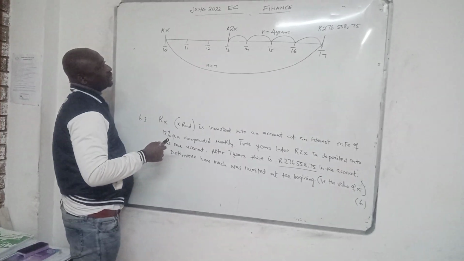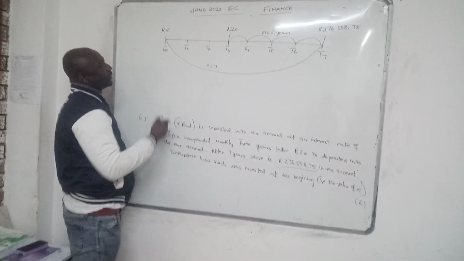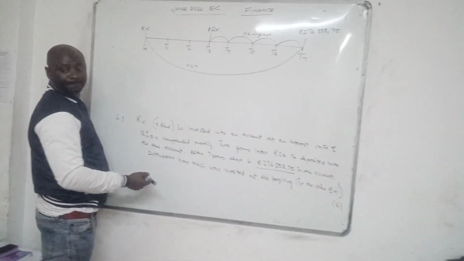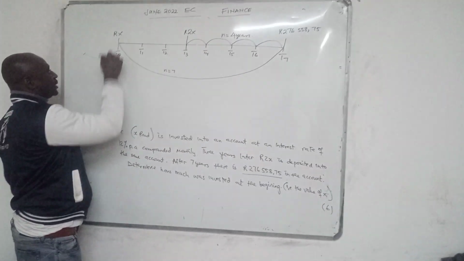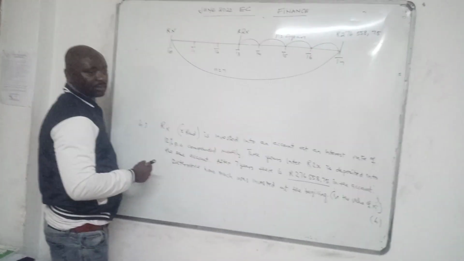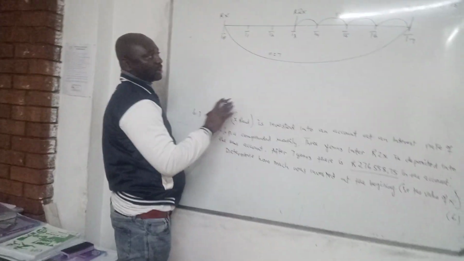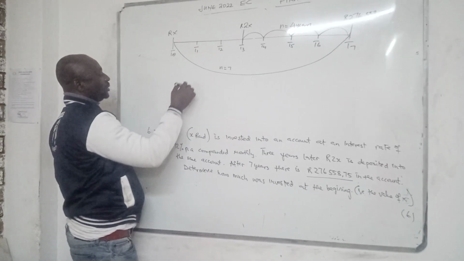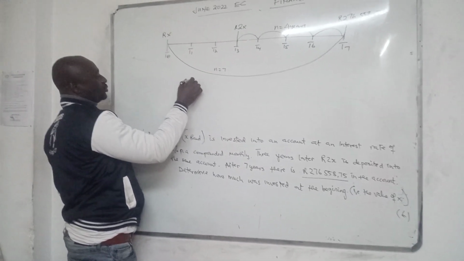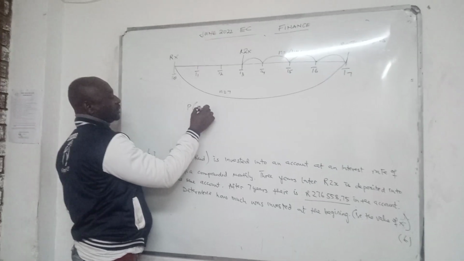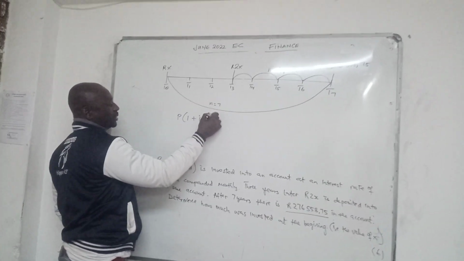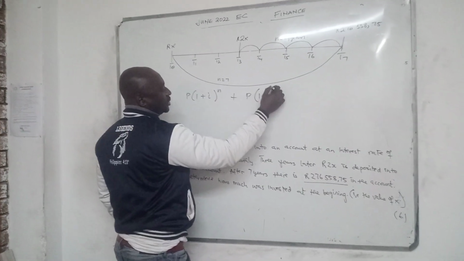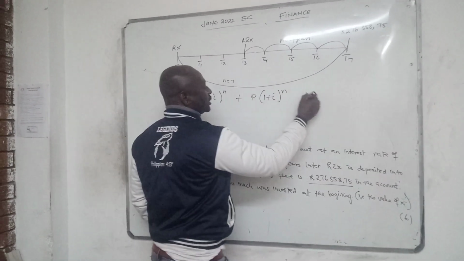So now, we need to find compound interest because they said it's compounded monthly. So here our principal amount is X rand for this one. There are two investments, so we're going to calculate both of them and add them together to give us that money. Are you with me? So P(1 + i)^n plus another P(1 + i)^n.